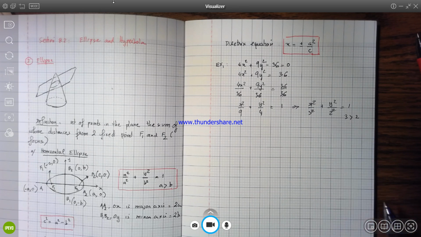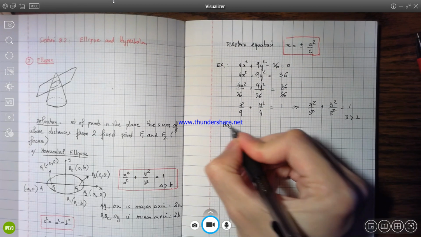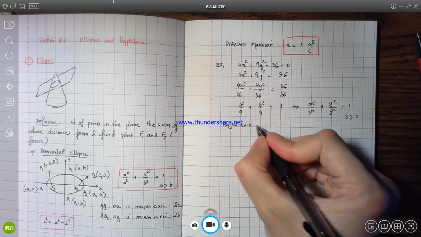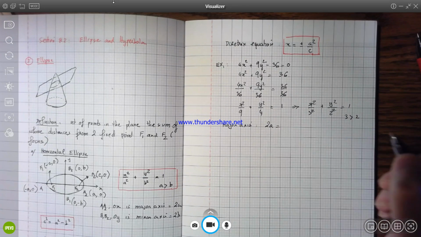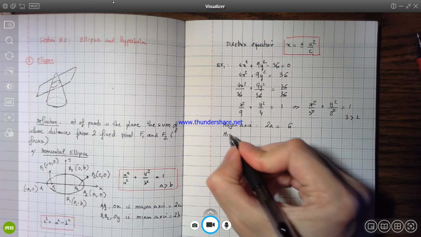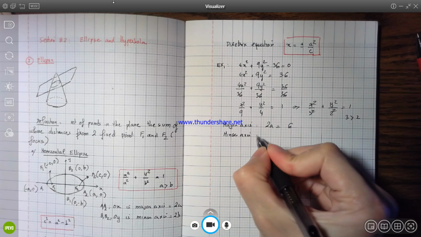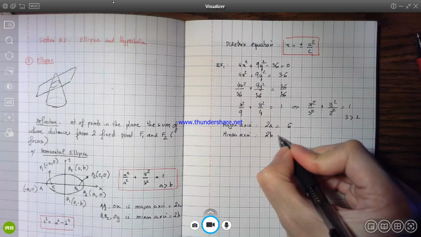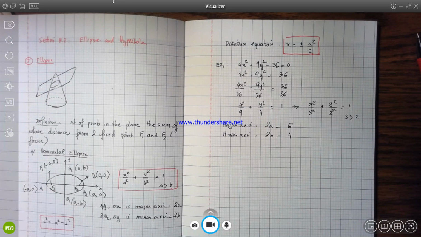It means the length of the major axis will be 2a, equal to 6 units. The minor axis will be 2b, equal to 4.